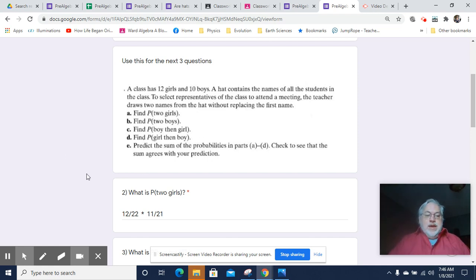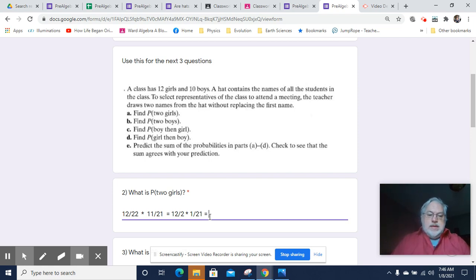So here we go. We have the probability of two girls. There's 12 out of 22 for the first draw and 11 out of 21 for the second draw. So we can work that out. I'm going to cross reduce a little bit first. 11 and 22 can factor down to 1 over 2, so that's 12 over 2 times 1 over 21. Then I can also factor a 3 out of 21 and 12, and a 2 out of 12.